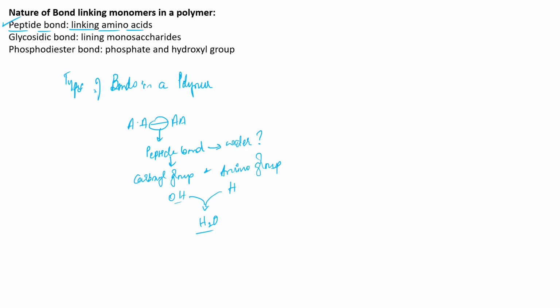So hence the peptide bond formation results in the release of water. Any reaction that results in the formation of a bond and causes the elimination of water during the bond formation is called a dehydration reaction.